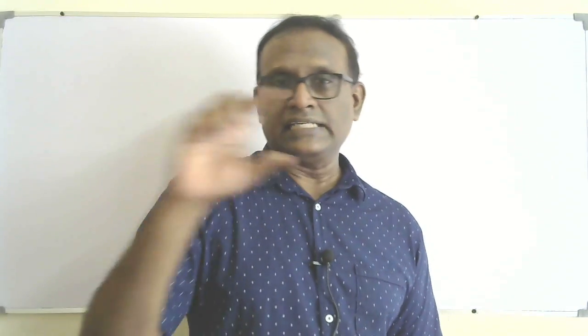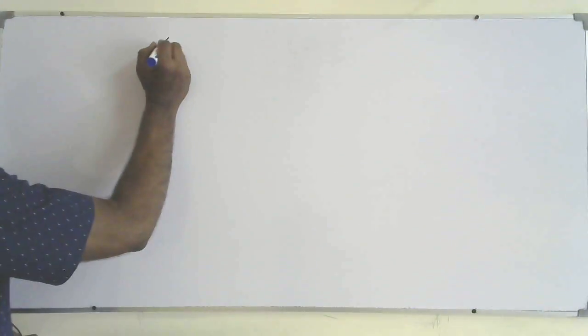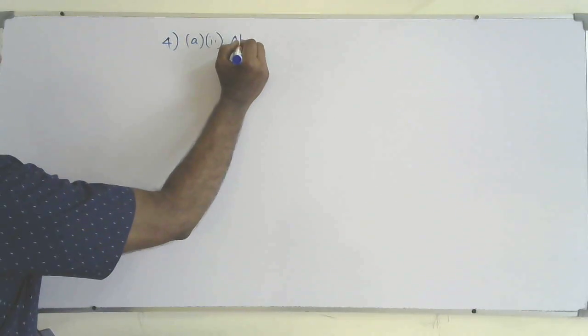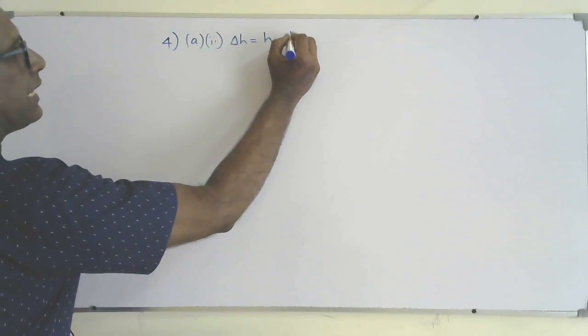So she's measuring the initial height h1, you can see the diagram above the bench. She's measuring the finishing line above the bench, h2. So the height difference between initial and the final is delta h. So delta h is equal to h1 minus h2.